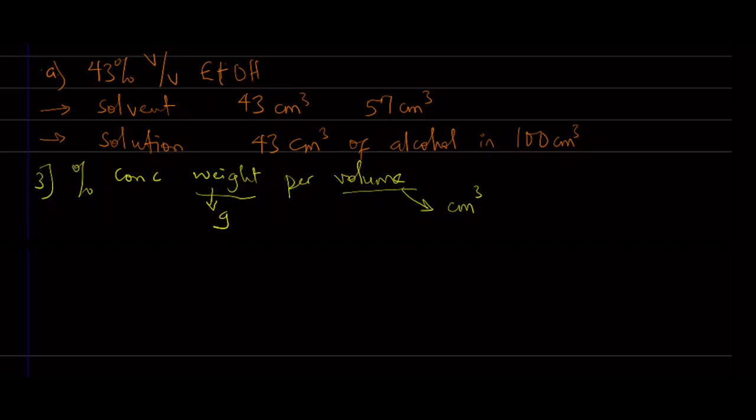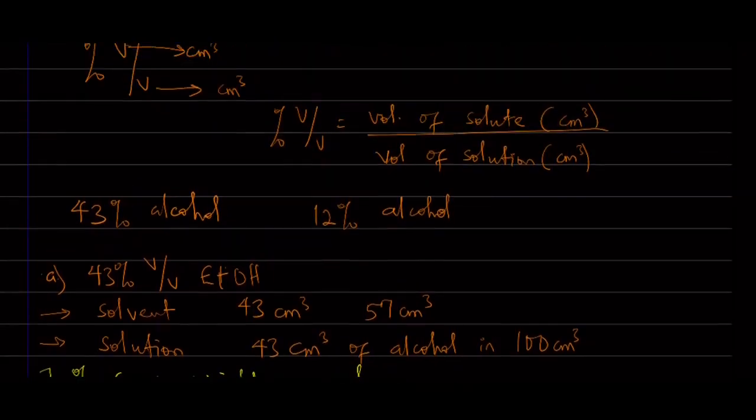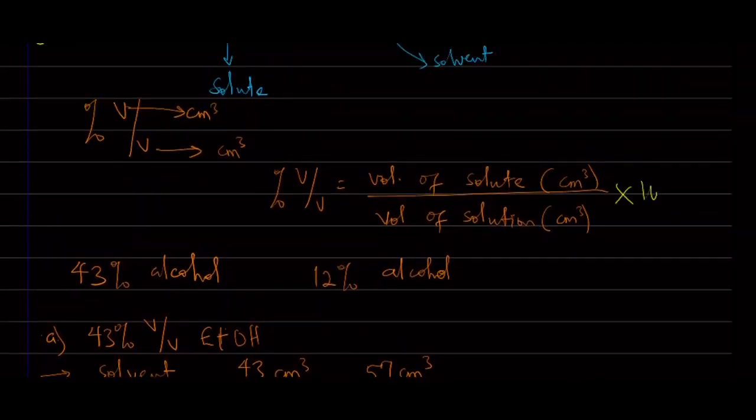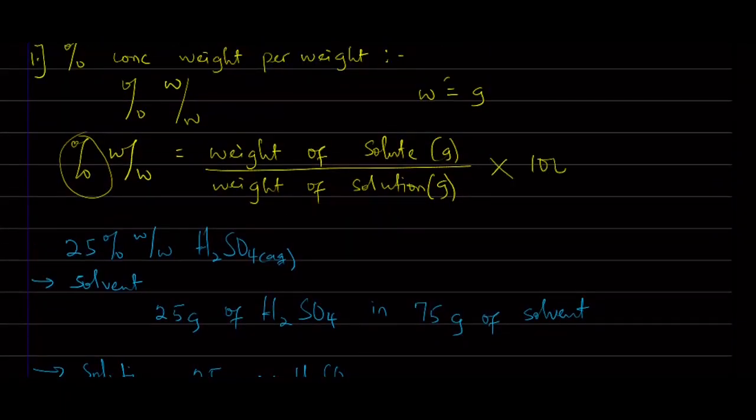Now we can say that percentage weight per volume is going to be weight of solute, expressed in gram, over volume of solution, expressed in centimeter cube. Sorry, I forgot to include 100. Since we are doing percentage, please let's try to include 100 in our equation. So let me add 100 to the percentage unit.